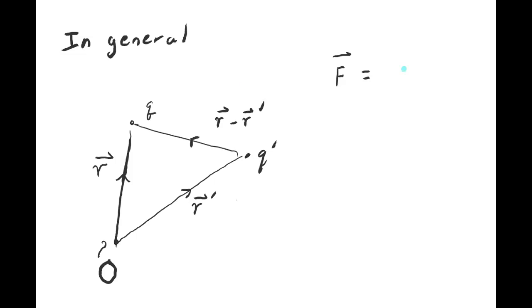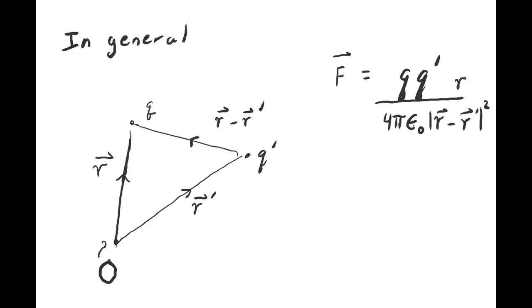So now I can go back to Coulomb's law and write it a little bit more generally. Namely, it has the same product in the numerator. It has 4 pi epsilon naught, where epsilon naught is the permittivity of free space. But in the denominator, I now have the magnitude of R minus R prime squared. And in the numerator I have a unit vector, R hat.